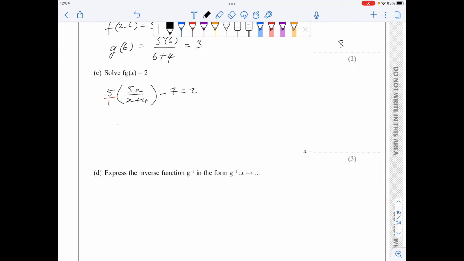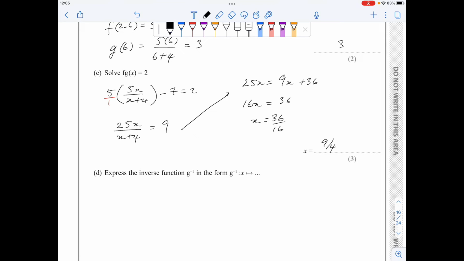So I get 25x over x plus 4. And then the minus 7, I can take it to the other side. So it becomes 9. Then I will cross multiply: 25x is equal to 9x plus 36. So 16x is equal to 36. x is 36 over 16, which comes out to be 9 over 4.